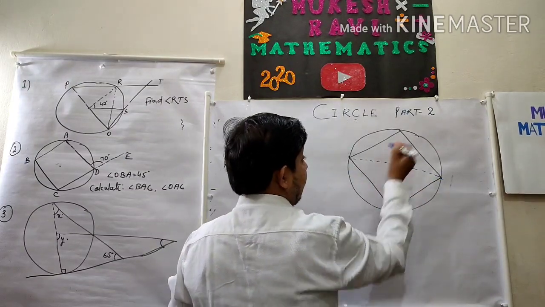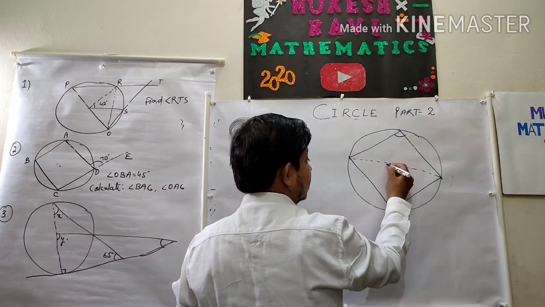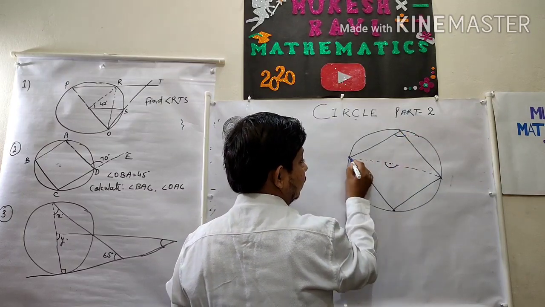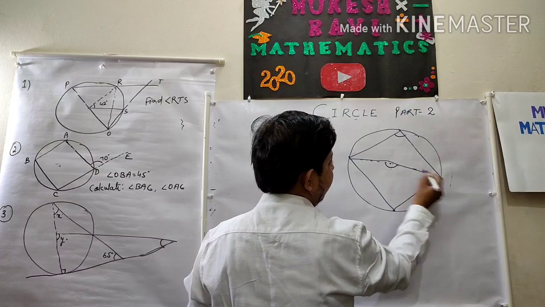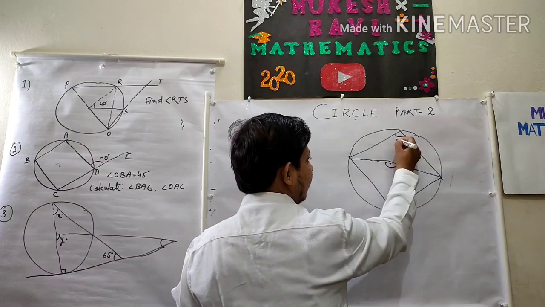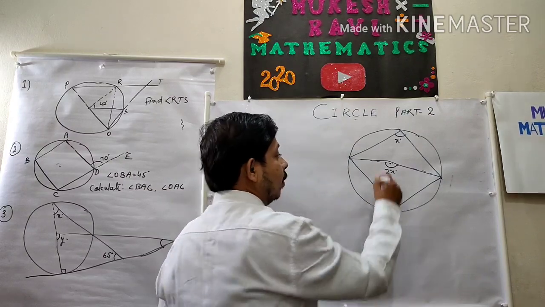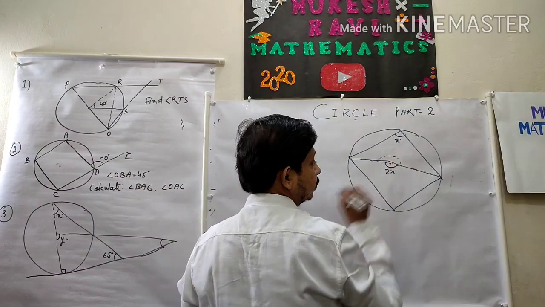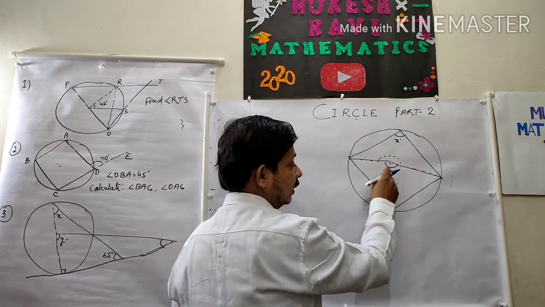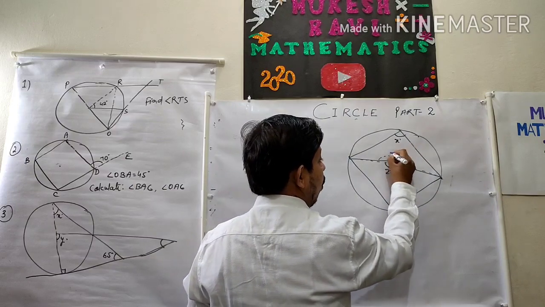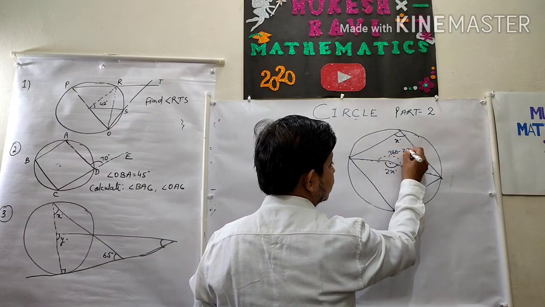So this angle is double of this. So if this angle is X, this is 2X. And this is the reflex of 2X, so this will be 360 minus 2X.